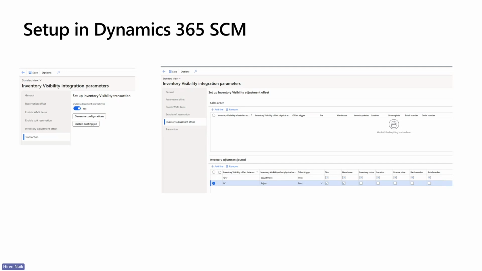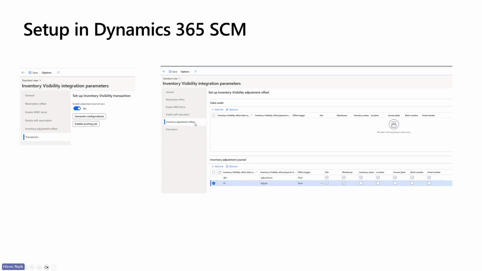So that is the first thing it will do automatically. The second thing it will do is create a new data source in inventory visibility service called @IV data source. And it will also create a new physical measure, an adjustment measure, for you in the inventory visibility service. And the third thing it will do is create this line @IV adjustment and offset trigger line in the inventory adjustment offset tab.